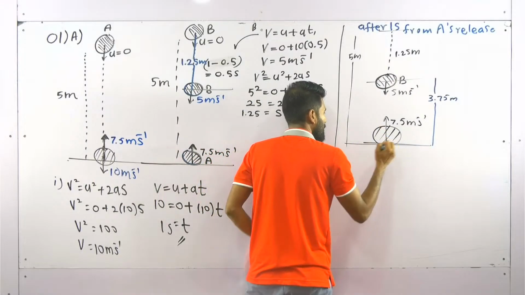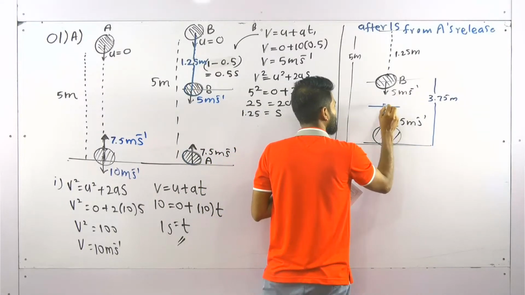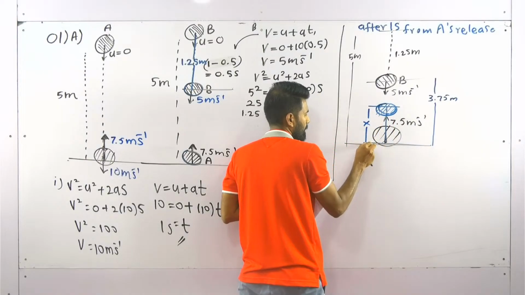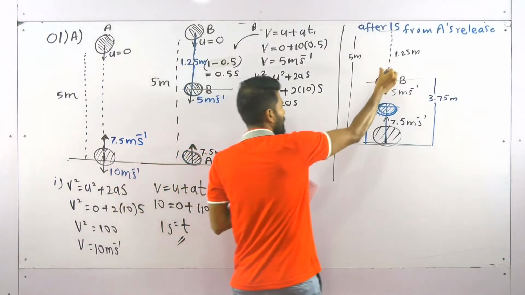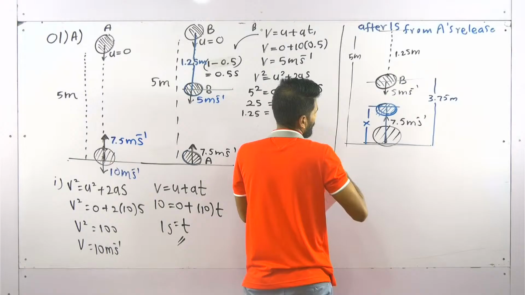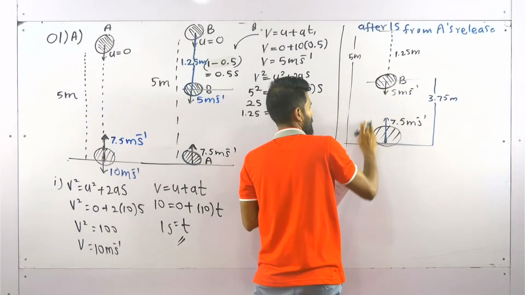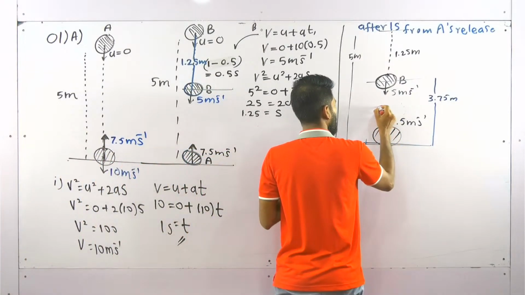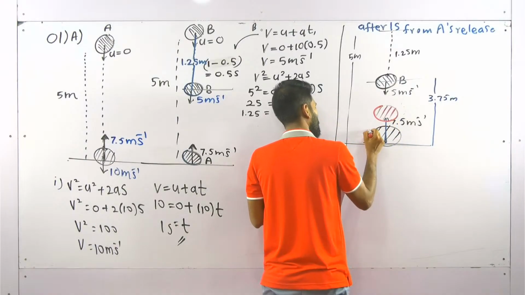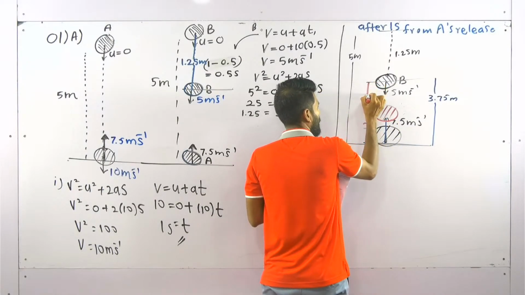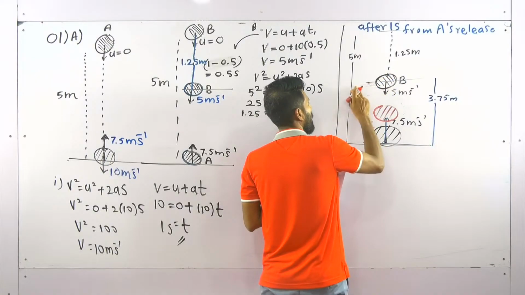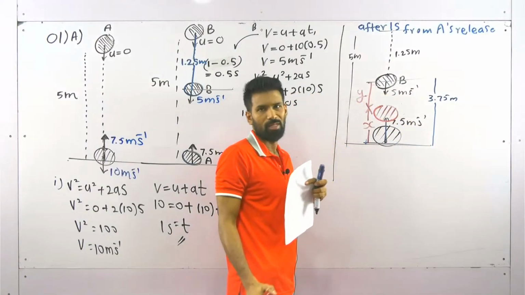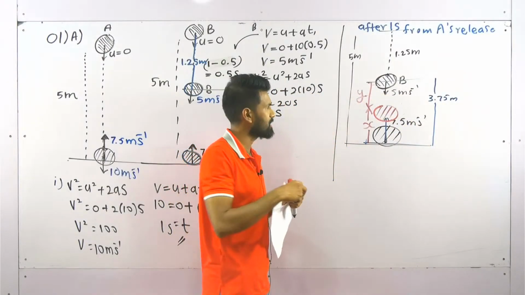From here, let's say A has to move a distance x upward to collide with B. Let's say B has to move a distance y downward to collide with A. The distance that B travels is y and the distance that A travels is x.